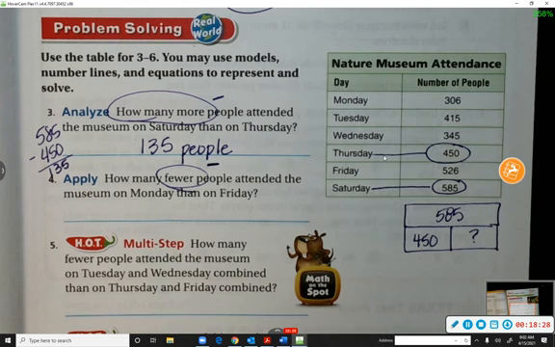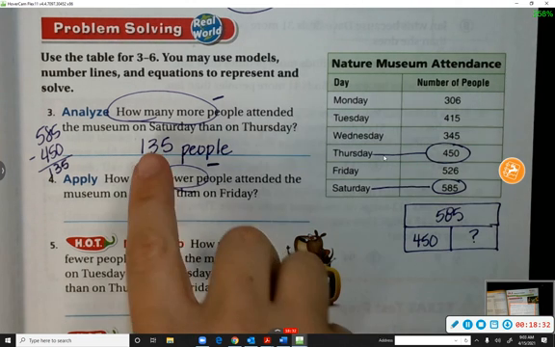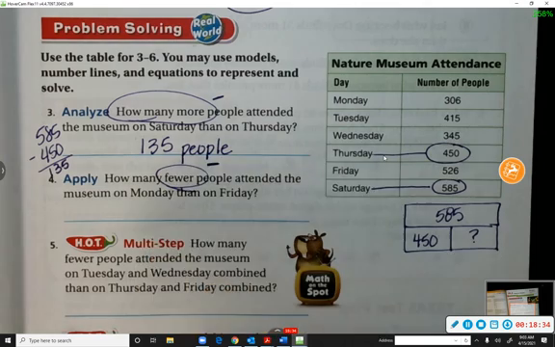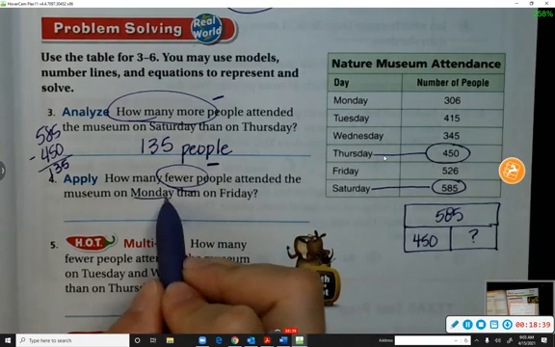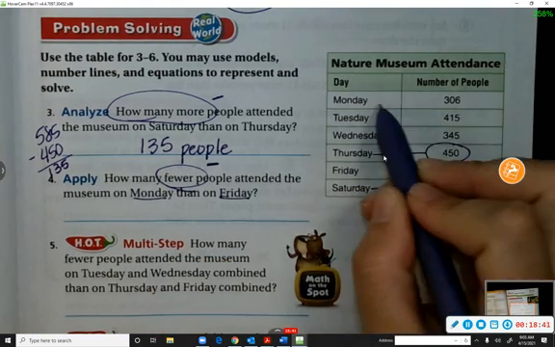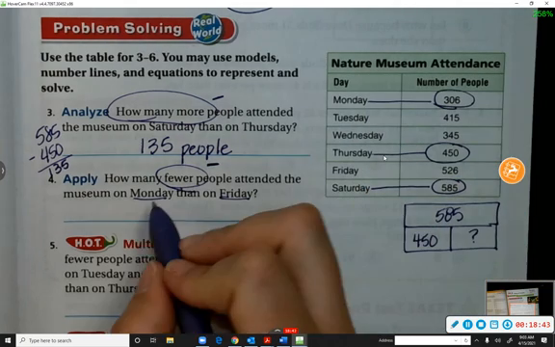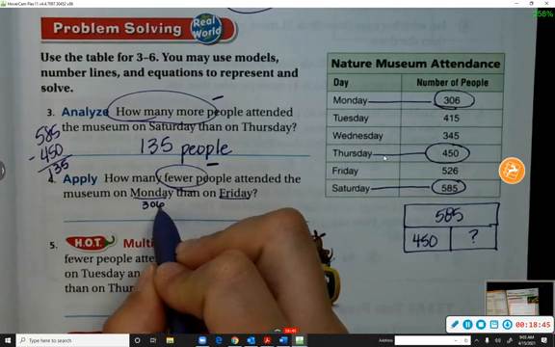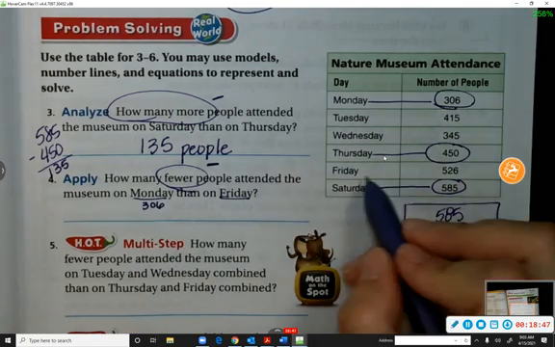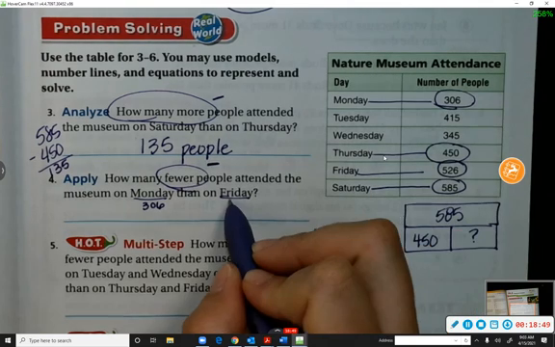We still will read a word problem and not know what some of these words are telling us. This is telling us to subtract, okay? So we need to make sure we use Monday and Friday. So Monday is 306. Friday is 526.